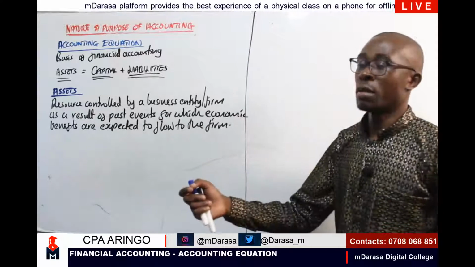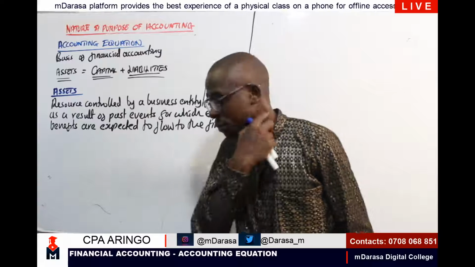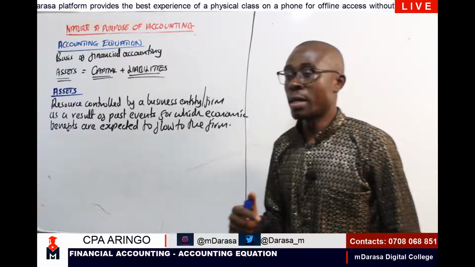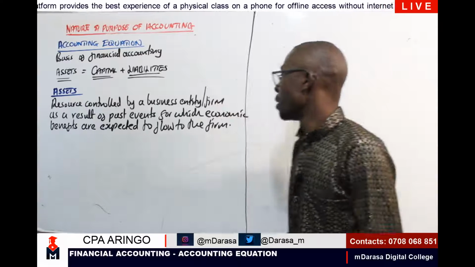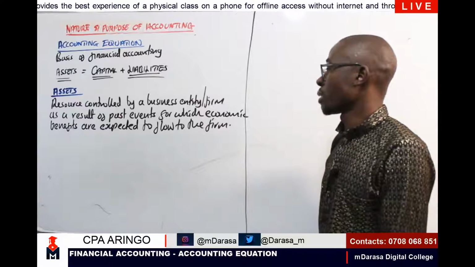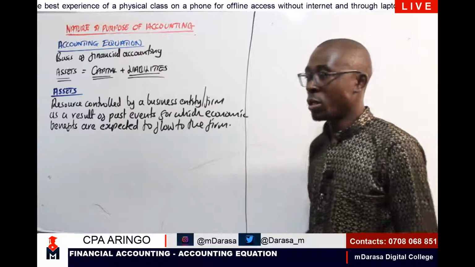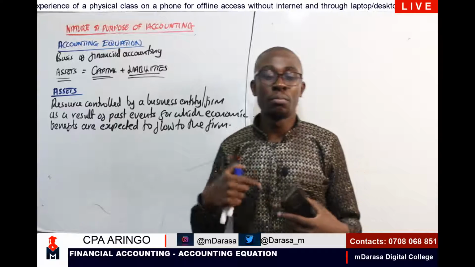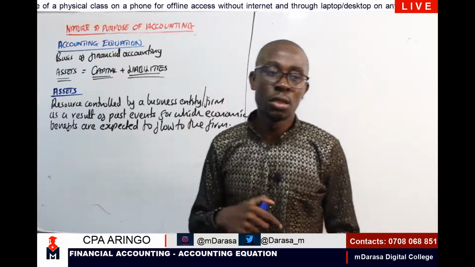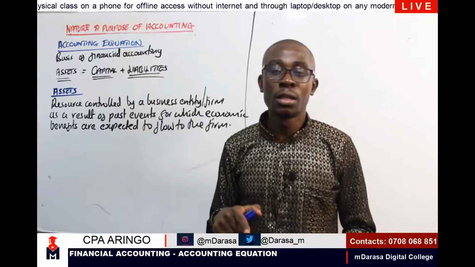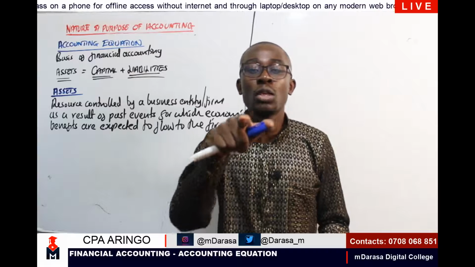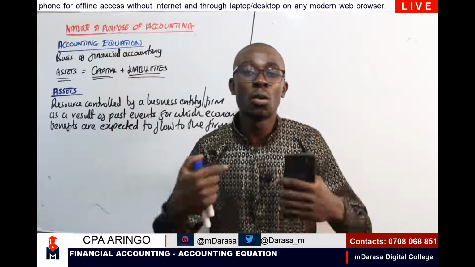I went to the shop and purchased this computer. So that is a past event, for which economic benefits are expected to flow to the firm. Now I'm using this computer that I purchased to produce these videos that you guys are going to purchase from Darasa.